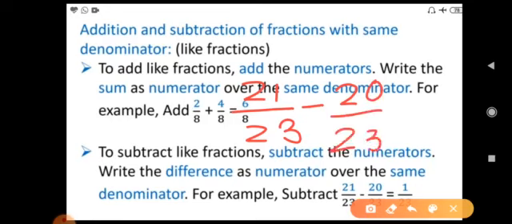We will subtract 20 from 21. So it will become 21 minus 20 divided by 23. We will write the denominator as it is. So our answer is 1 upon 23.